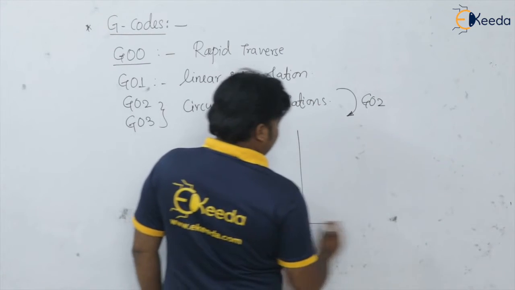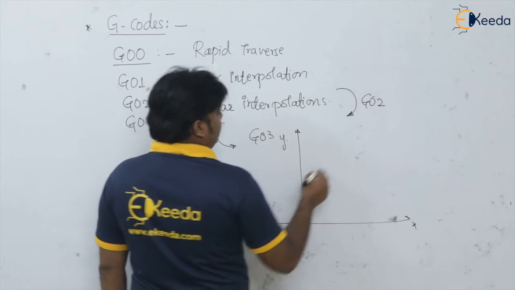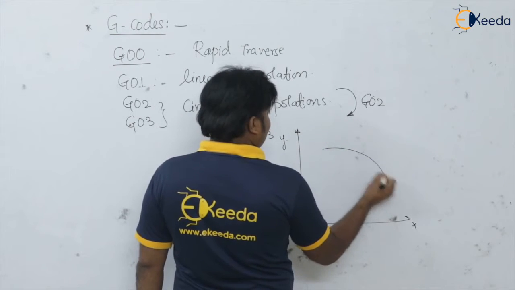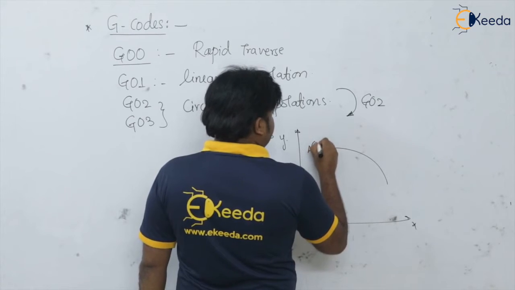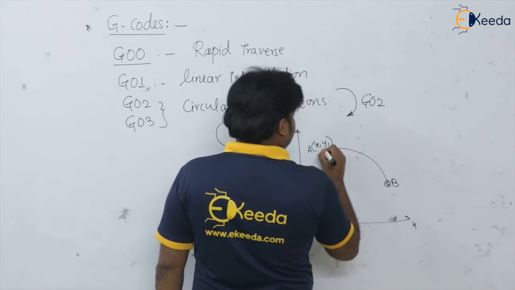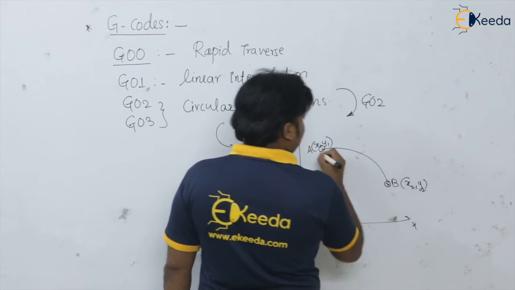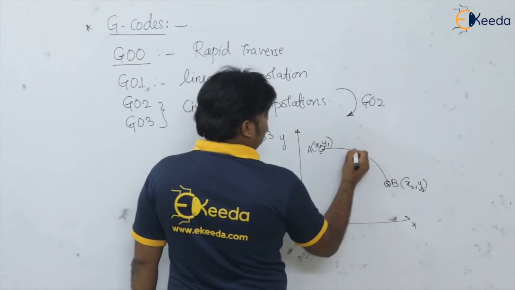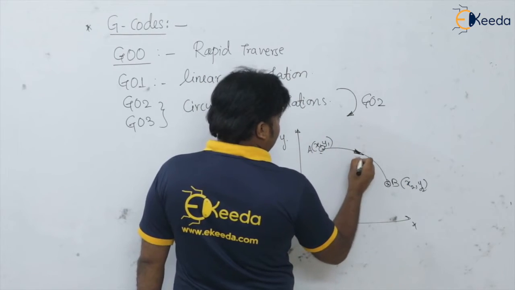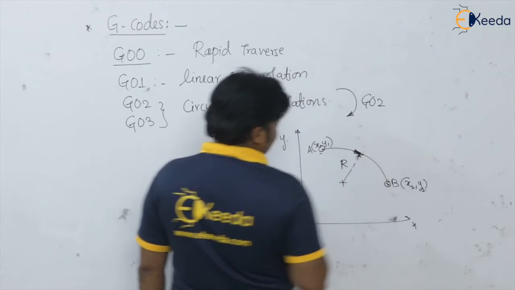Suppose this is the x-axis and this is the y-axis, and the tool is going to move from point A (x1, y1) to point B (x2, y2). These are the end points of the arc, the movement of the tool is like this, and say this is the radius R.